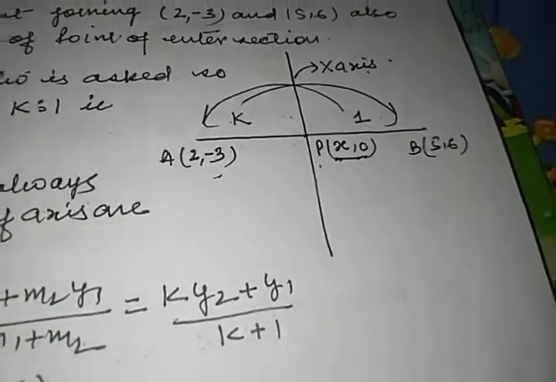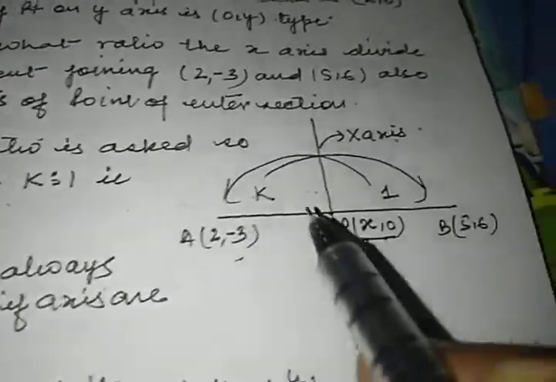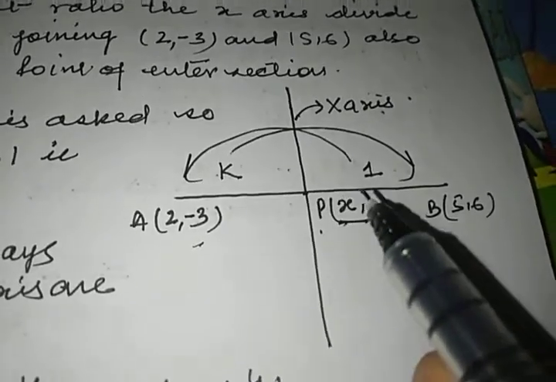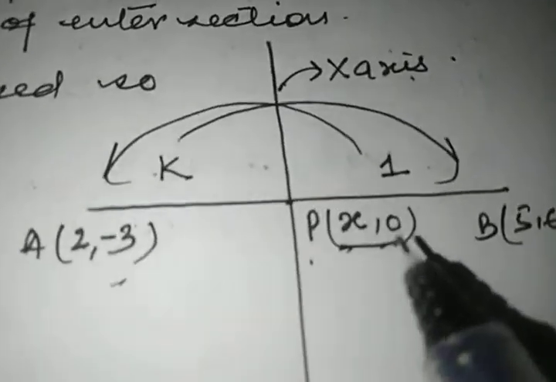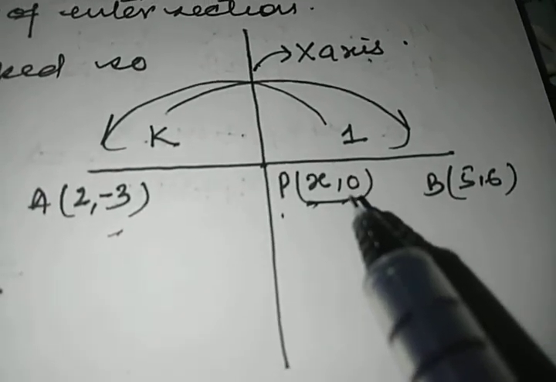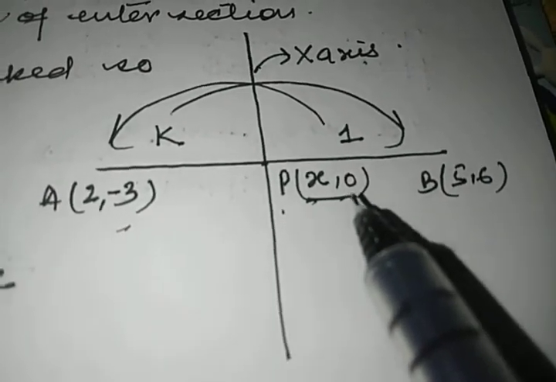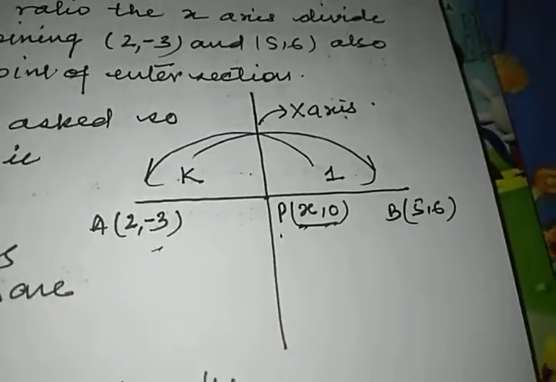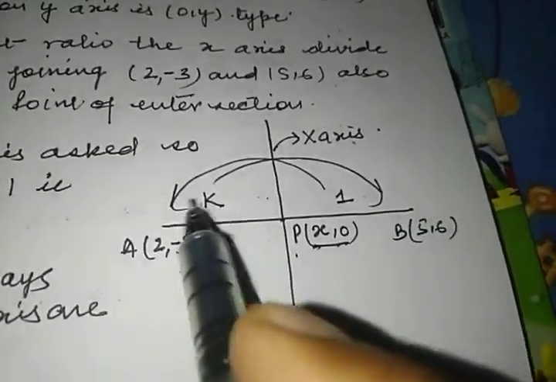Okay. So whenever the ratio is asked, only go for this. 0 is here, and this is the y coordinate. So only go for taking the y coordinates. Calculate the y coordinate and we'll be getting the value of the ratio here.